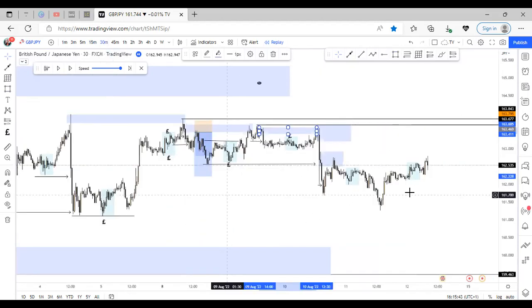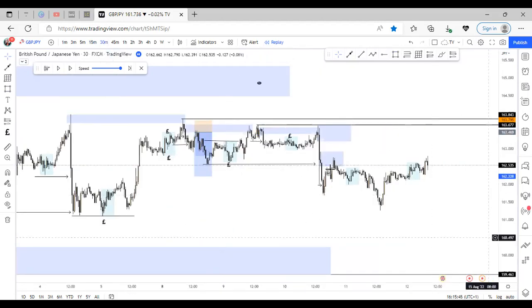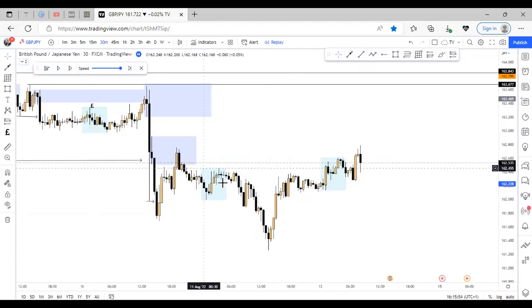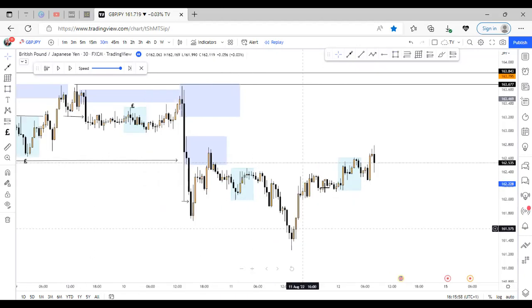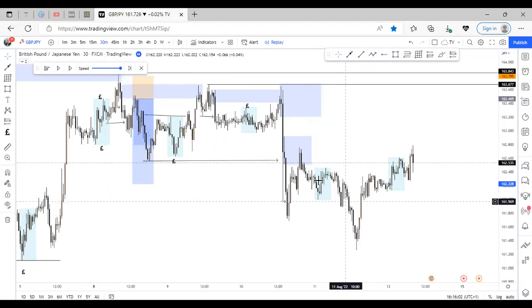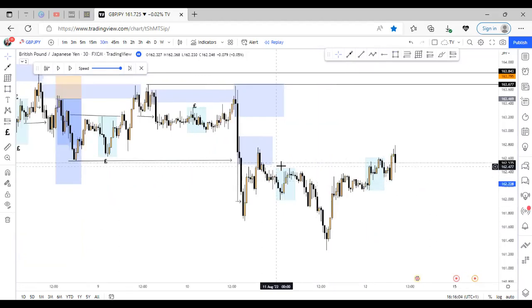As you can see now, this is a trade that happened one day. This is the Asian session, this is the London session open, and this sell trade took place. But I wouldn't have taken this trade, because price didn't actually grab the Asian range high.